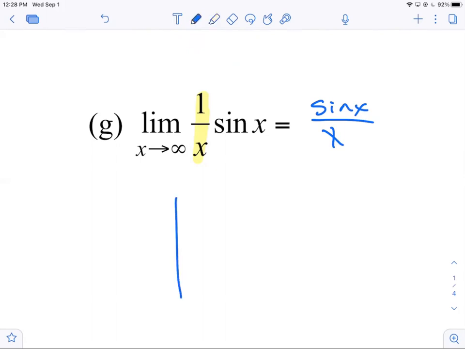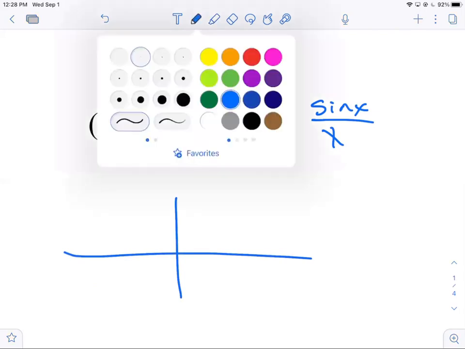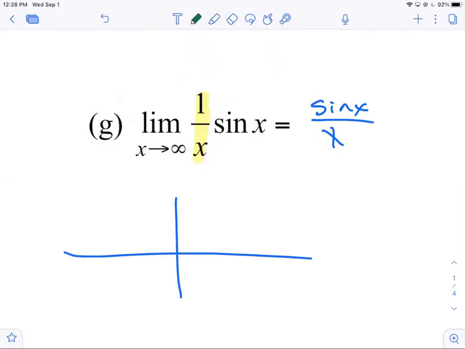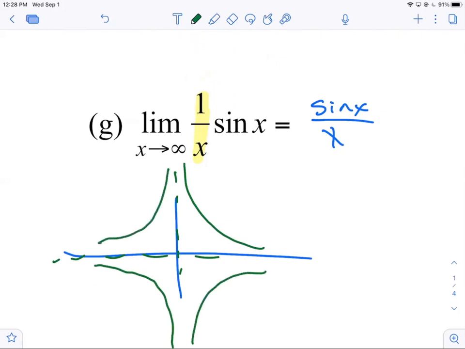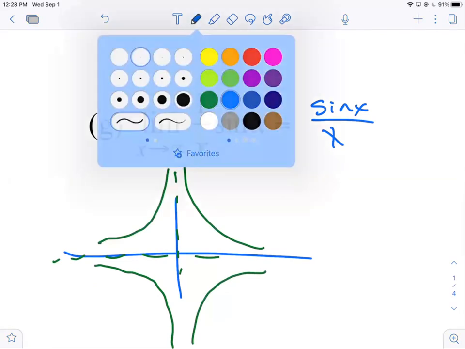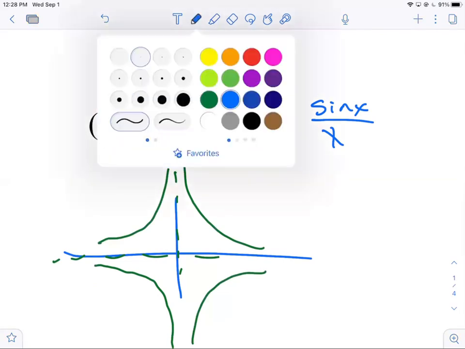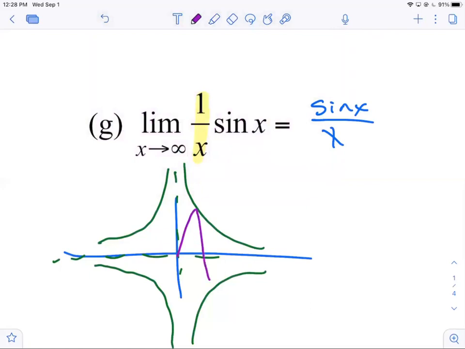Yeah, so if you want to see what this graph looks like, sketch the graph of 1 over x, which is another parent function. It's your reciprocal function. It looks like this and this. This is 1 over x. And then you look at the reflection, and it looks like this and this. And now the graph of this function looks like the following. It's still oscillating, but it's doing this.